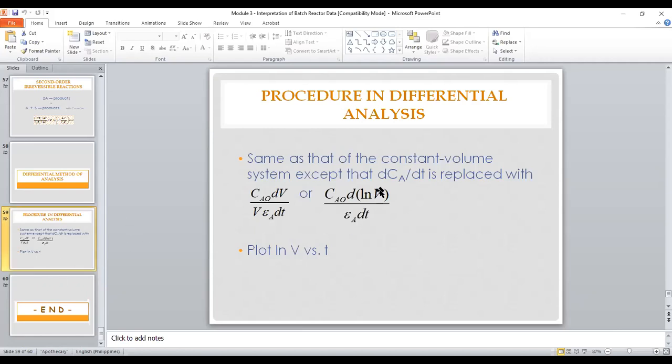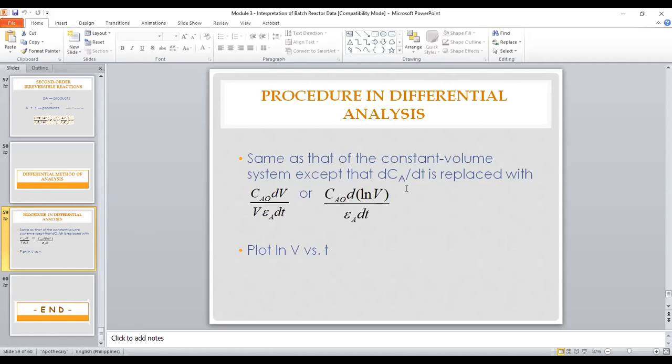But this time, instead of having the slope of that particular chosen point that you have plotted against time in your best fit curve, in the constant volume batch reactor data, the slope is dCA dt.